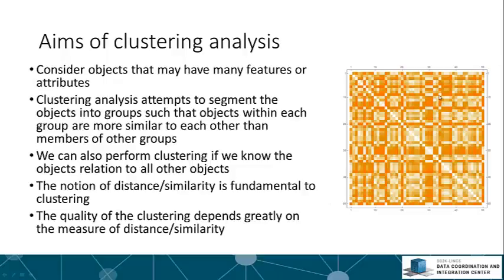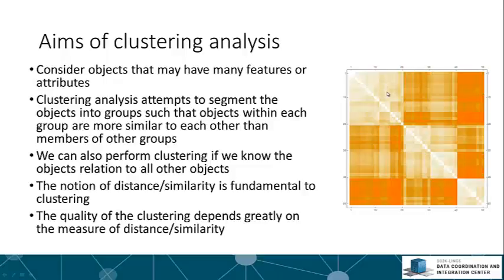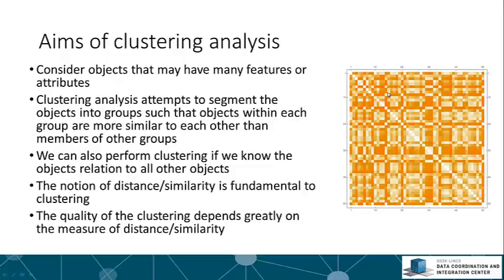And each element in this matrix has a number which quantifies the similarity between each pair of objects. So this matrix here doesn't contain information about the features of our points, our objects, but it contains information about the relationships between the objects.